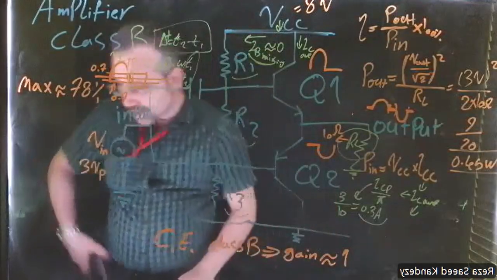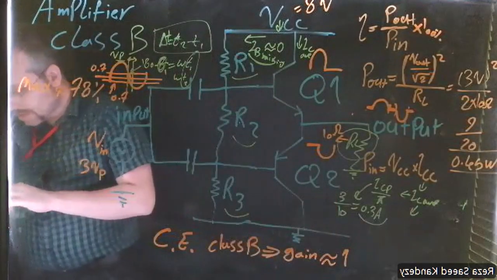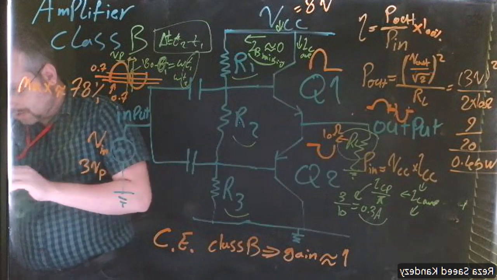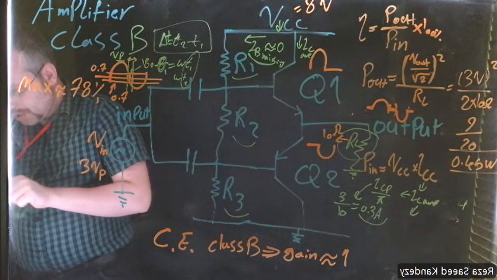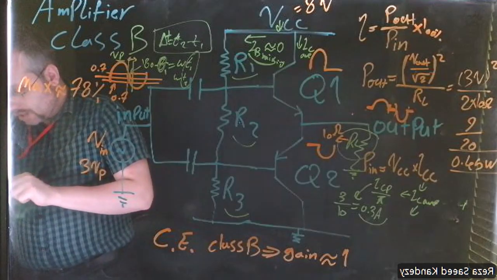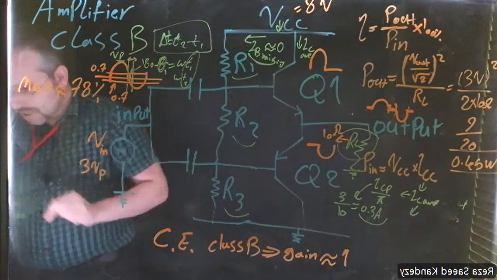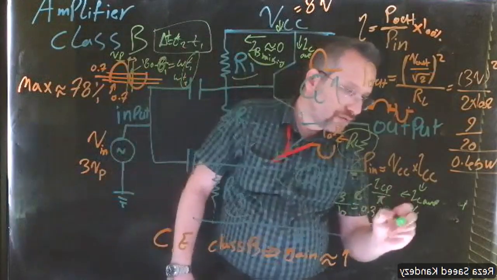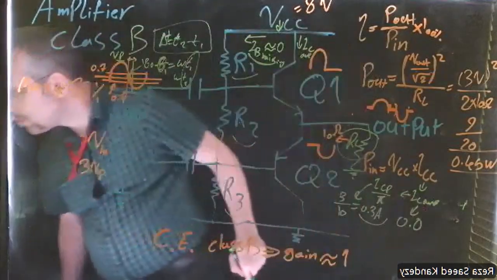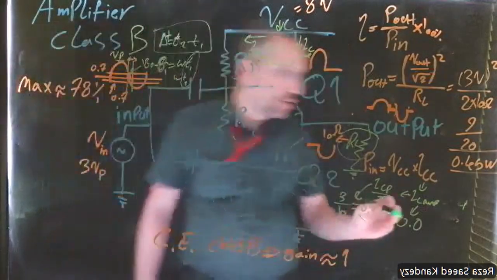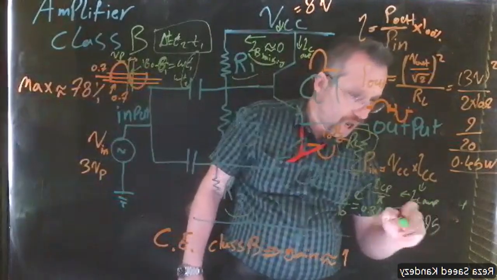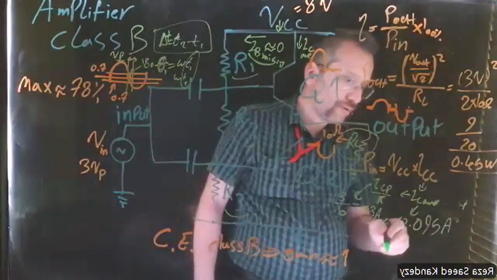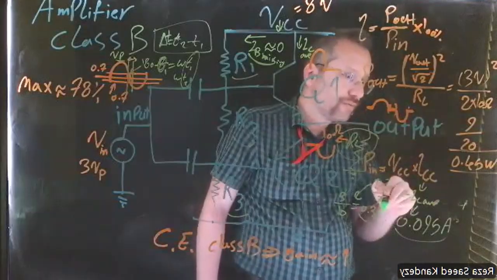Let me calculate that. It's going to be 0.3 divided by pi, which is around 0.095 amp. This is our average.